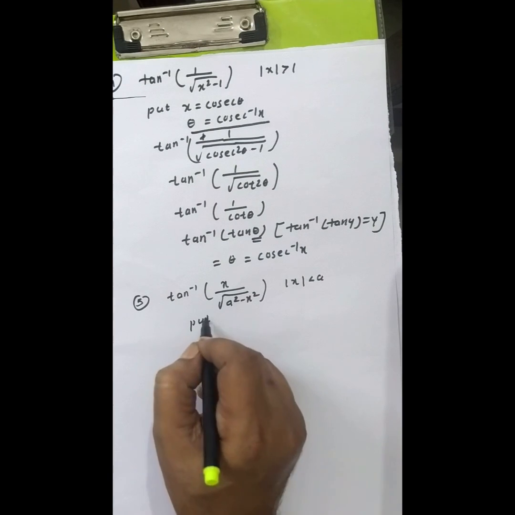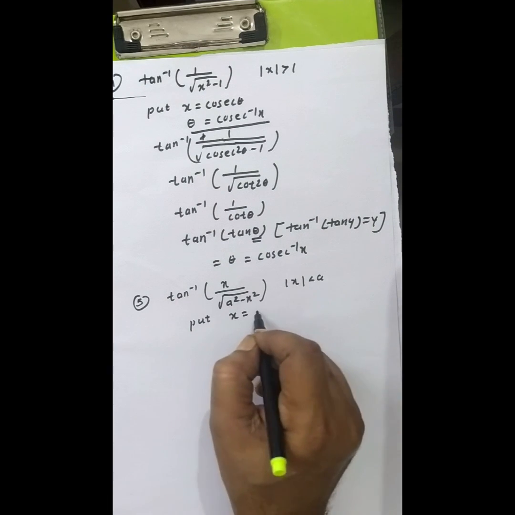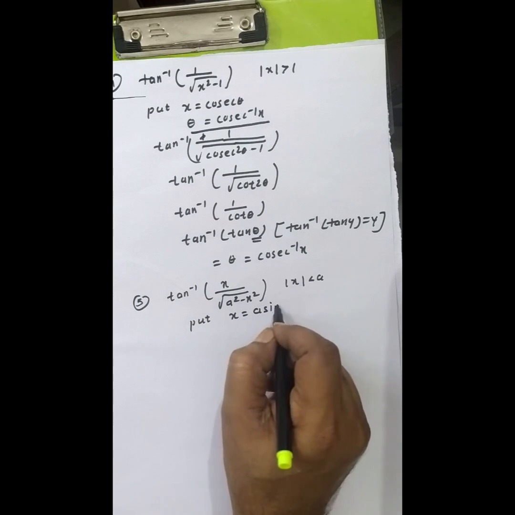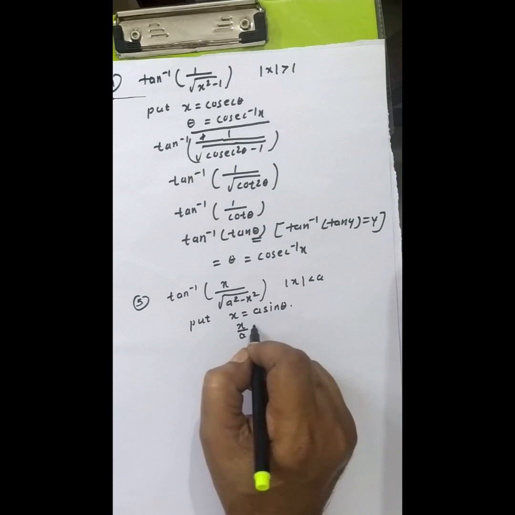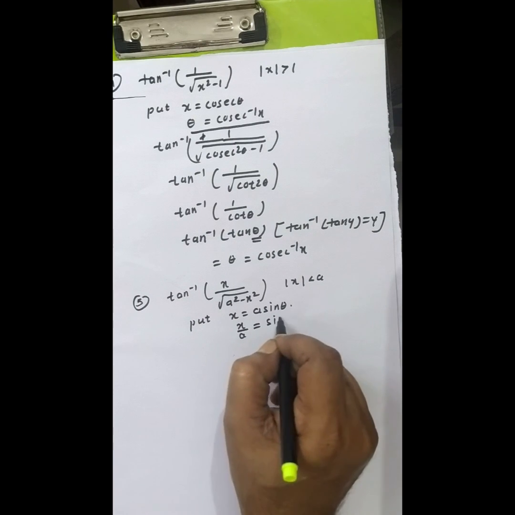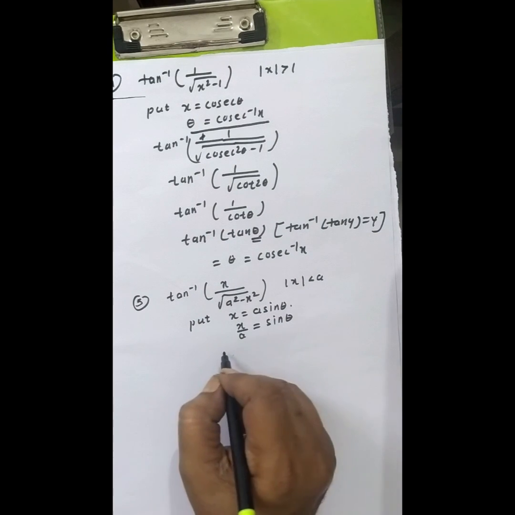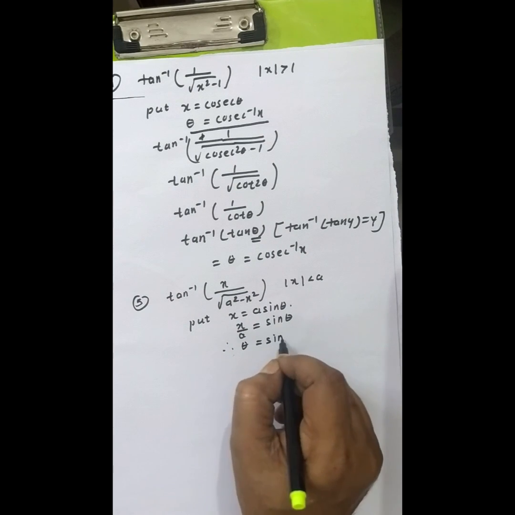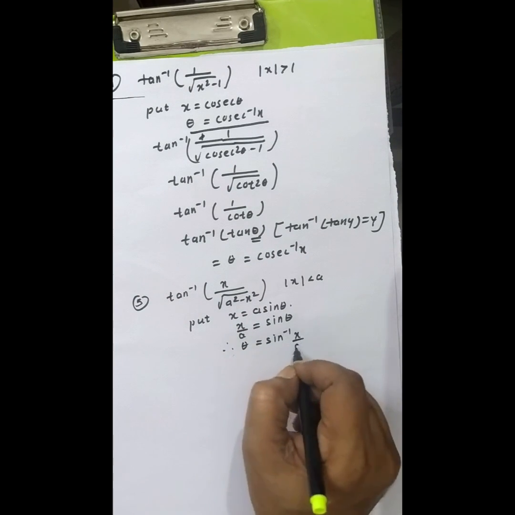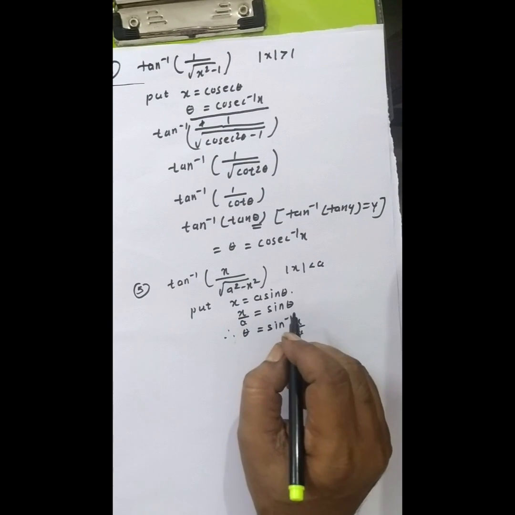Put x is equal to a sin theta. If you put x is equal to a sin theta, x upon a will be sin theta. So therefore theta will be sin inverse of x by a.